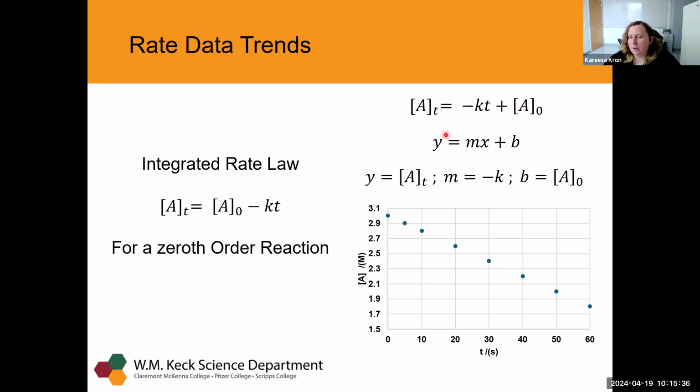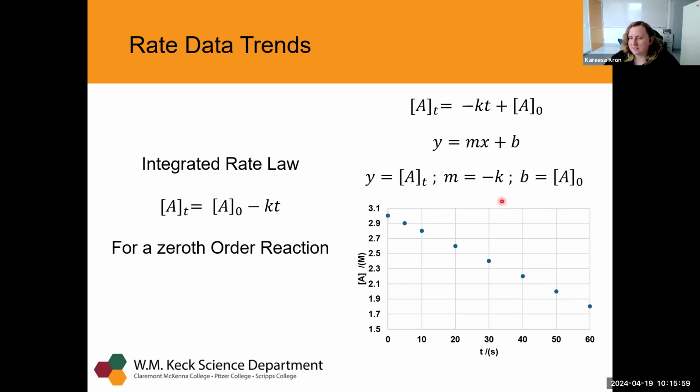And this is in the form of y equals mx plus b, where y is the concentration at some point in time, m is negative k, and b is the initial concentration. So from this rate data, you can predict k from the slope.